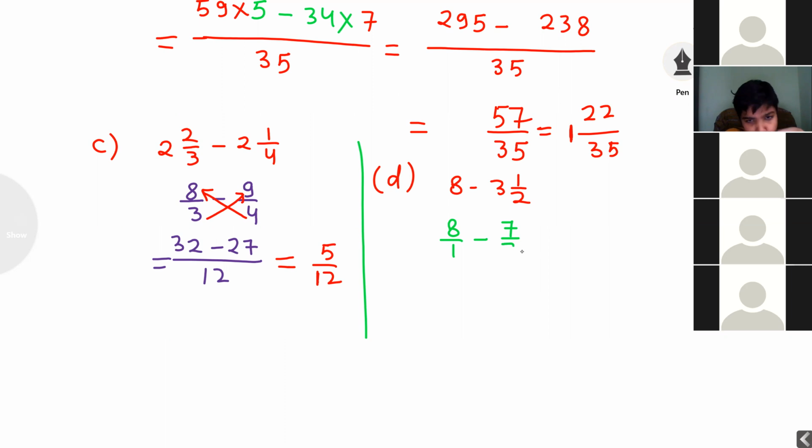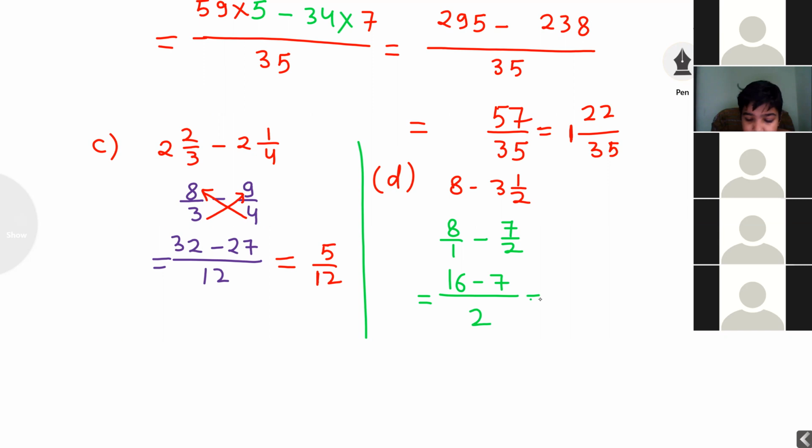7 by 2. There are two methods to solve this question. Because the denominators are different, both are unlike fractions. We can do the cross multiplication method or we can take the LCM concept. 2 8s are 16 minus 7. 1 into 7 is 7. Don't say 1 into 7 is equal to 1. 1 into 7 is equal to 7, not 1. 8 2s are 16 minus 7 divided by 2 ones are 2.